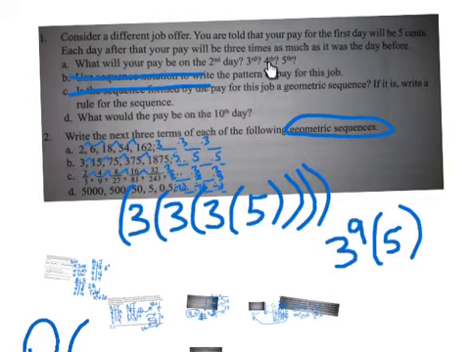On the 4th day, we're going to have 3 raised to the 3rd power times 5. On the 2nd day, we're going to have 3 raised to the 1st power times 5, or just 3 times 5. Or you can also just create a table and work it all the way out.